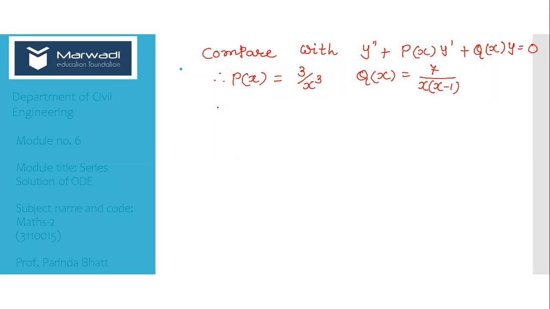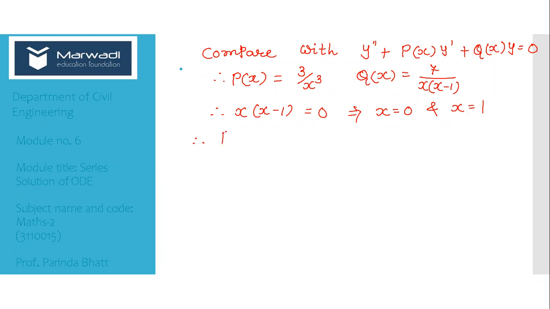For this denominator, we take it as 0. Therefore, quickly we get the values x equal to 0 and x minus 1 equal to 0, therefore x equal to 1.